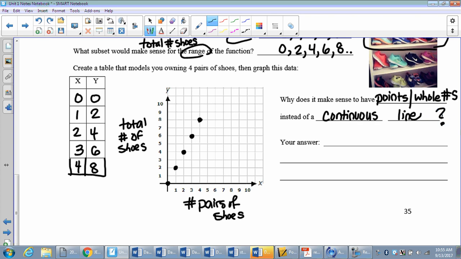If you have an idea, I would like you to pause and jot your answer down. So what this question is saying is, we are not going to be creating a line. It's staying ordered pairs. And the question is, why?